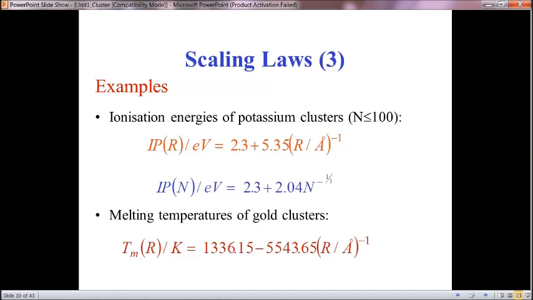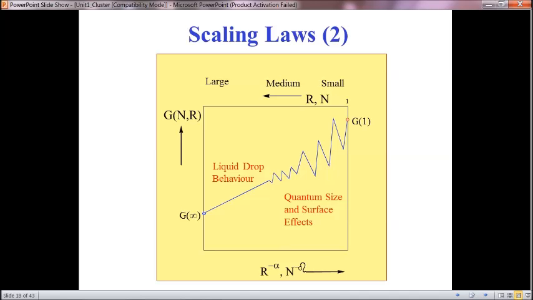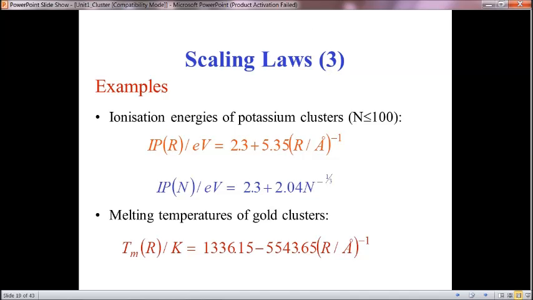Then the example for nanoclusters based on scaling laws is the ionization energy of potassium chloride for n less than or equal to 100. The ionization property based on radius, per electron volt, is equal to 2.3 plus 5.35 into the radius per Angstrom unit to the power minus 1.